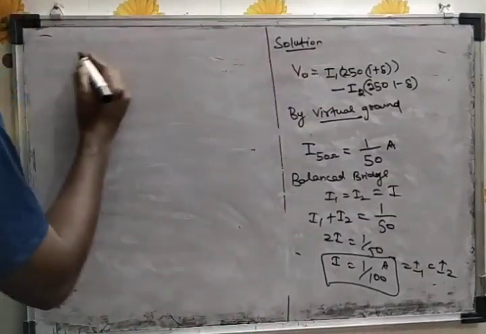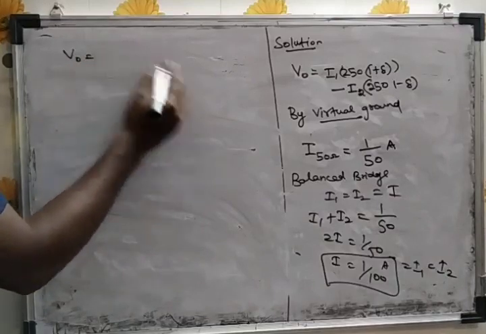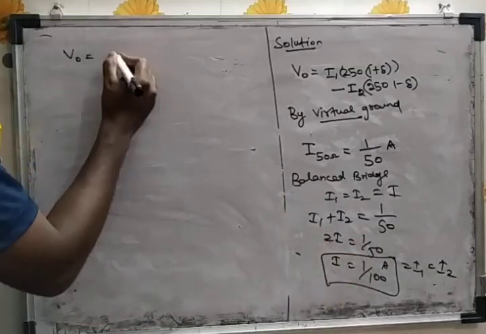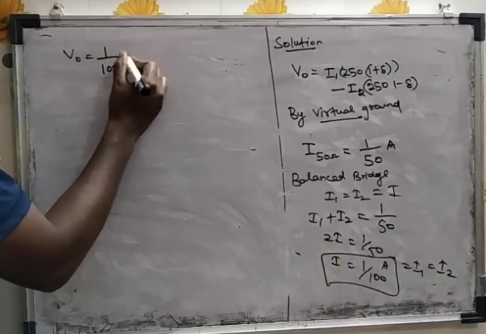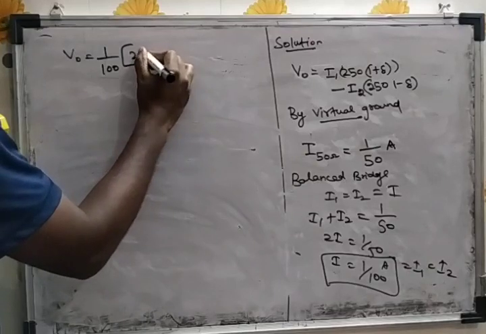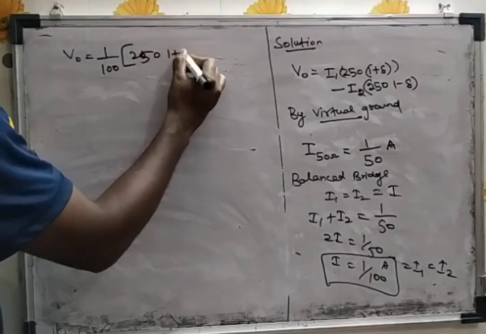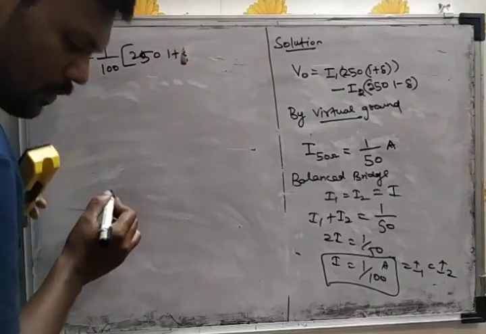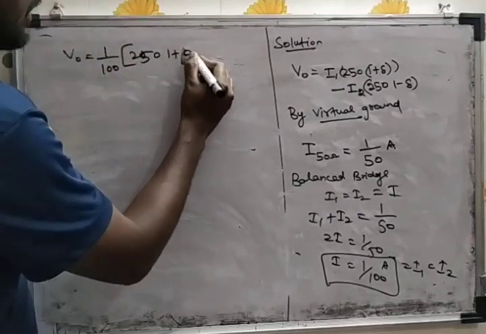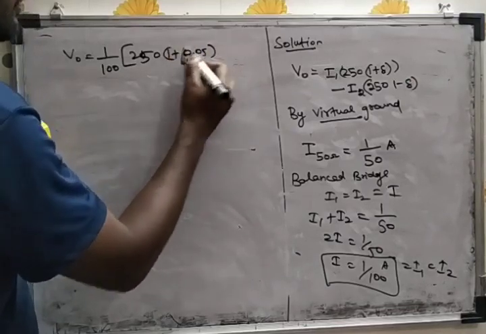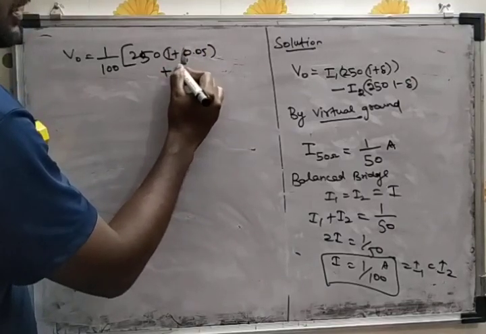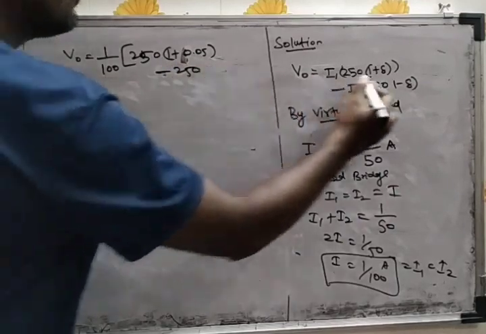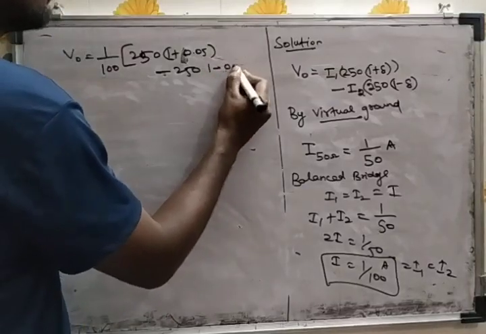Substituting in V0, taking I1 and I2 equal to I, I take 1 by 100 as common: 250 into 1 plus 0.05 minus 250 into 1 minus 0.05.